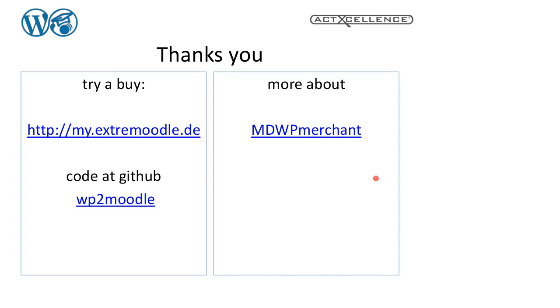Yeah, Moodle WordPress Merchant also costs some money, but this makes sure that you get updates and support if there's a problem. And if you want to use the recurring payment or bundles, you also need to add plugins to WooCommerce. The WordPress to Moodle is free and open source.